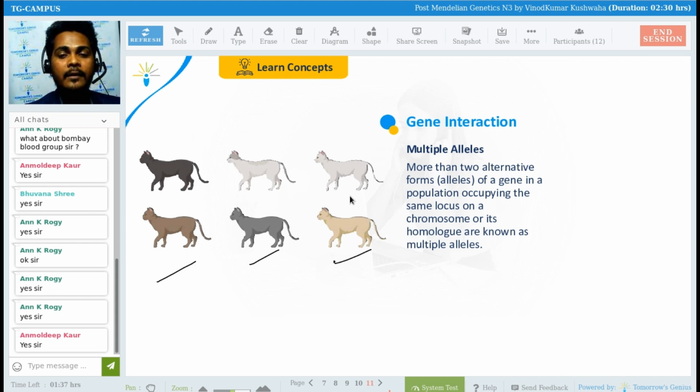Clear? This is the example of multiple allelism. So more than two alternate forms of a gene in a population occupying the same locus, that means they are present at the same locus on the chromosome, is known as multiple allelism. Yes, so simply you can just remember what multiple allelism means. Yes, is this clear?